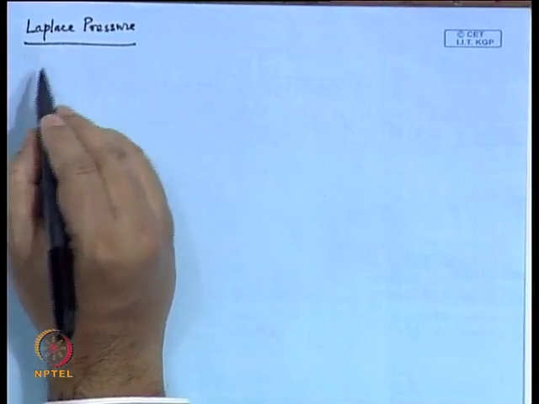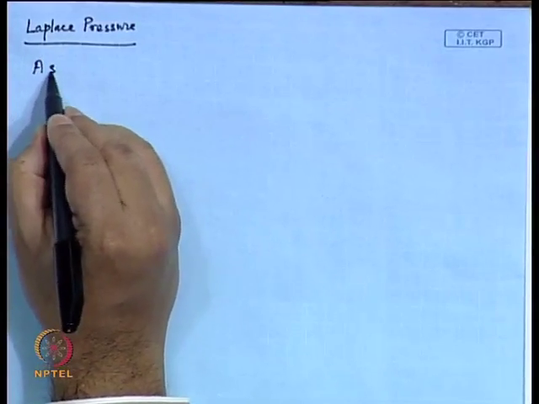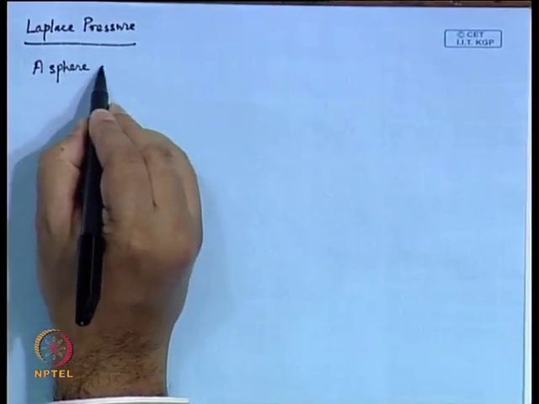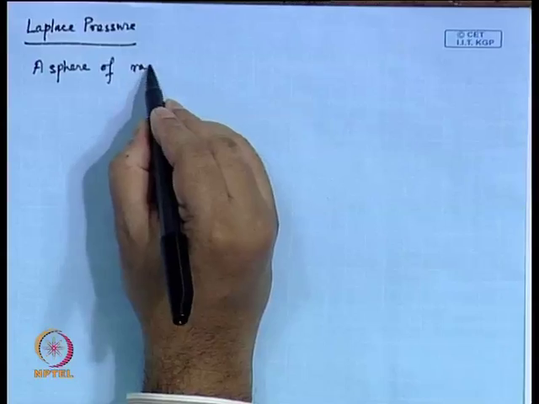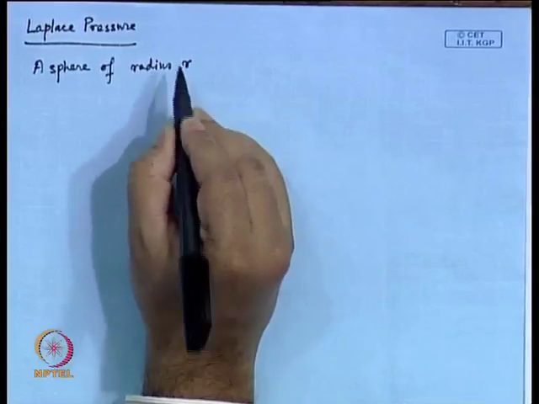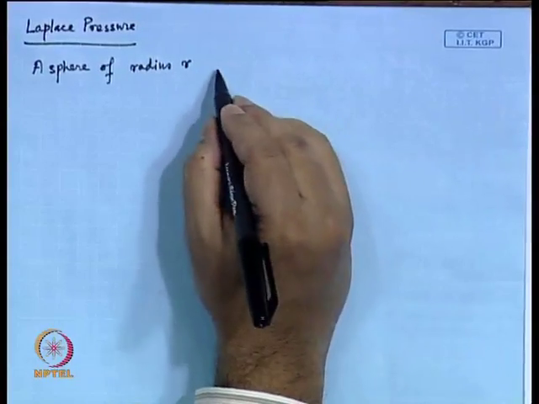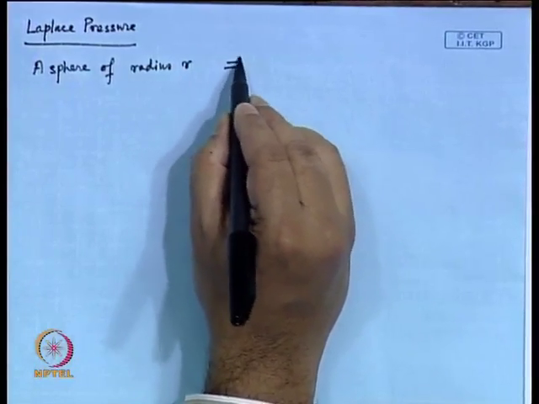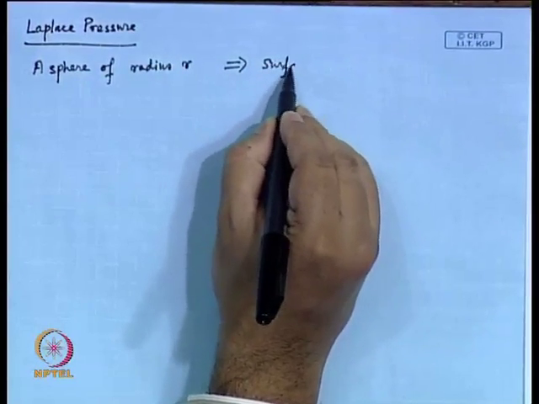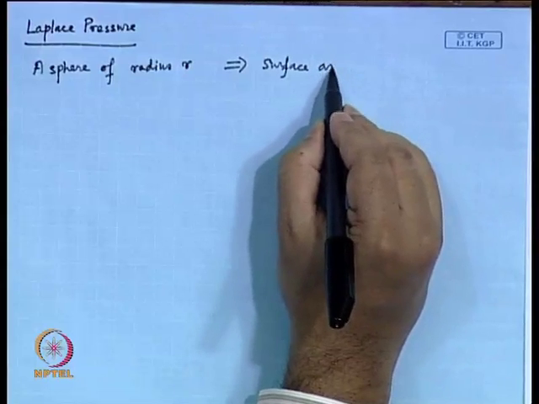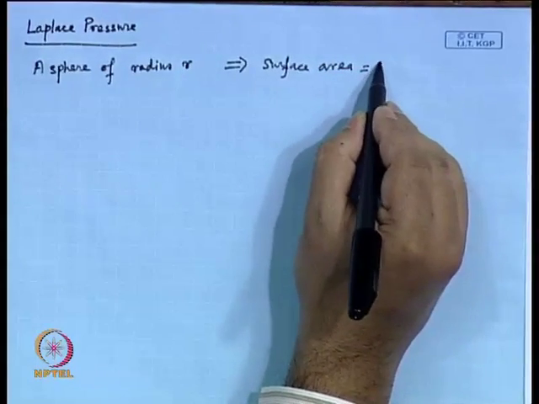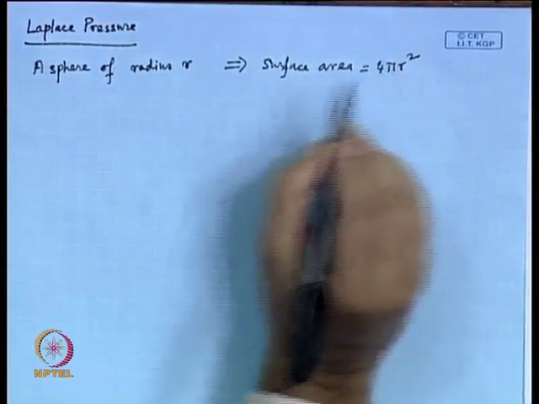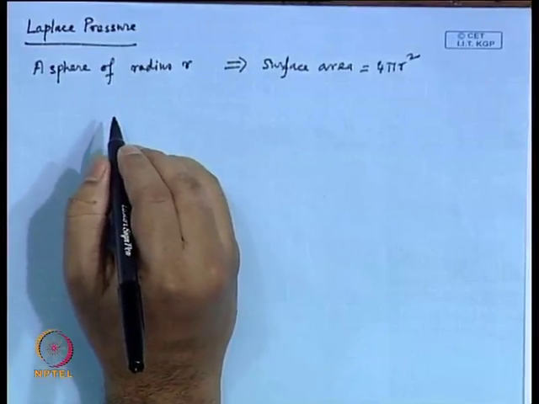Let us think of a sphere of radius r. So the surface area is equal to 4 pi r square. Okay.